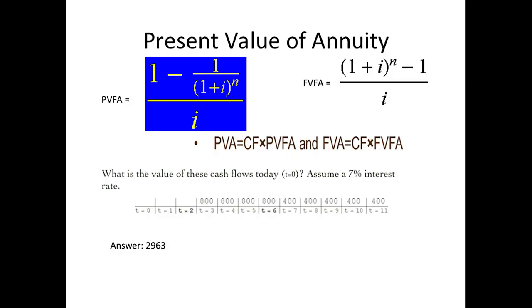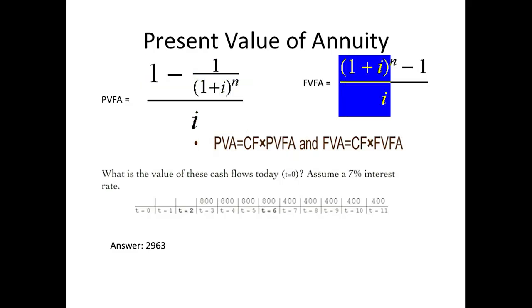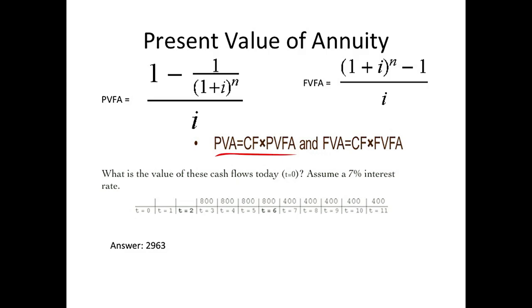That is 1 minus 1 over 1 plus i raised to the power n, the whole thing divided by i, as opposed to the future value factor for annuity, which is given there to the right: 1 plus i raised to the power n, minus 1, over i. So depending on what the problem is asking us to do, we can calculate either the present value of annuity, which is PVA equals cash flow, where cash flow is a typical annuity payment in that stream, assuming equal annuity payments, of course, multiplied by the appropriate factor.